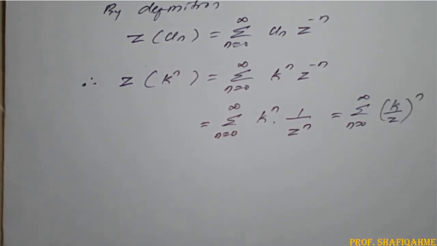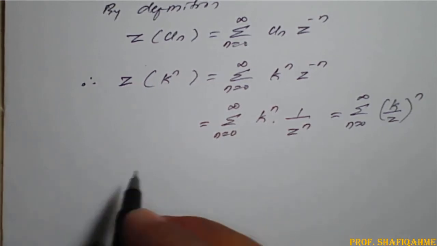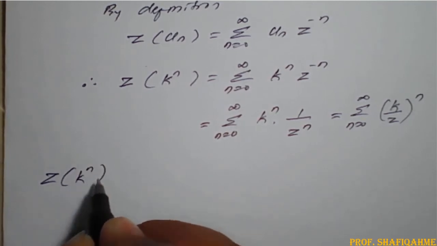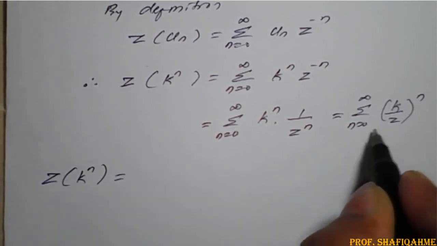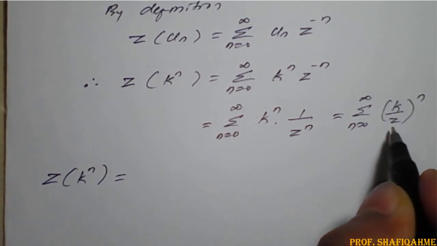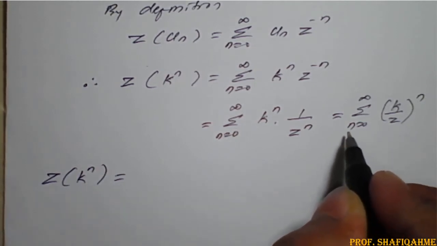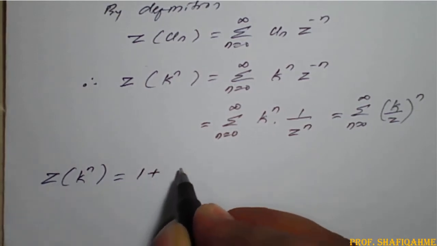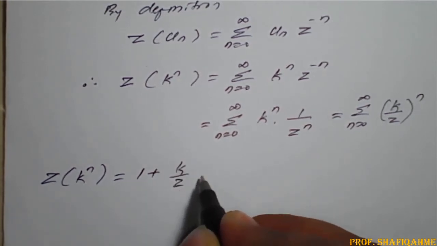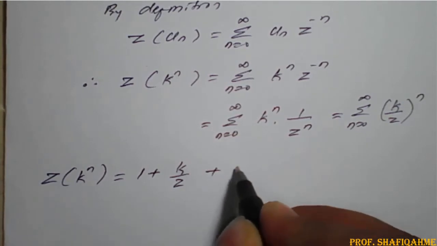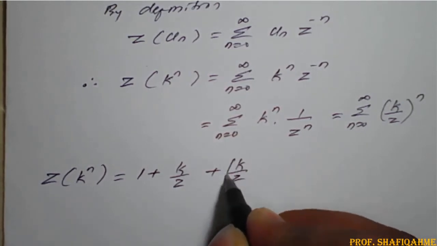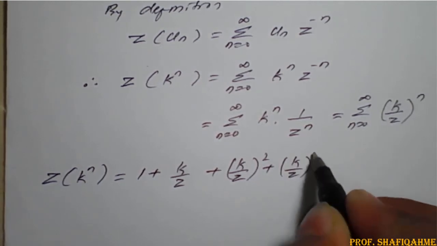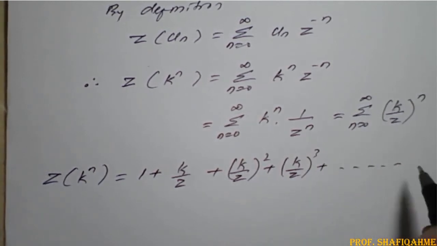So we can expand it as 1 plus k upon z plus (k upon z) whole square plus (k upon z) whole cube plus so on.